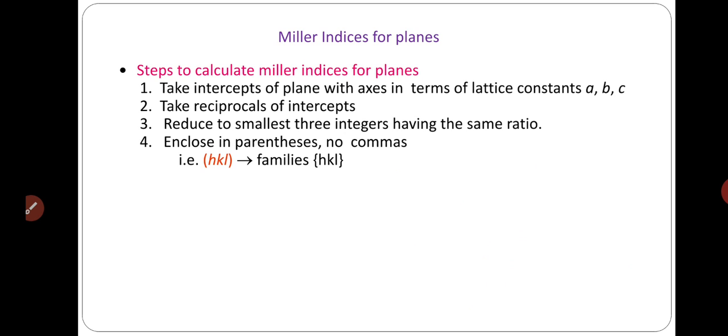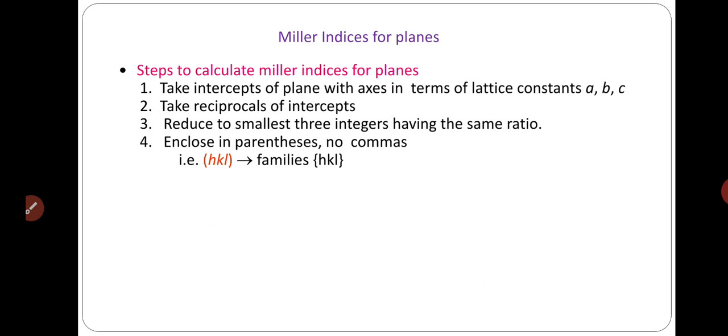First, find the intercepts of the plane with the crystal axes and express these intercepts as integral multiples of basis vectors. In the second step, take the reciprocals of the three integers found in step 1 and reduce these to the smallest set of integers HKL which have the same relationship to each other as the three reciprocals.